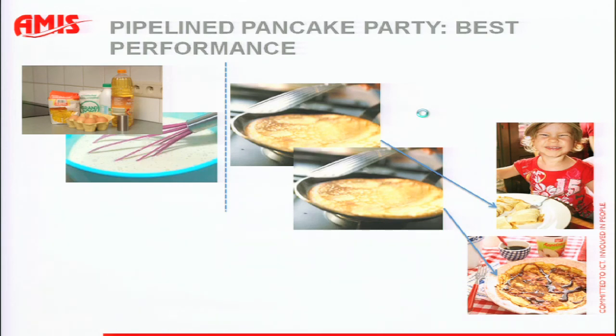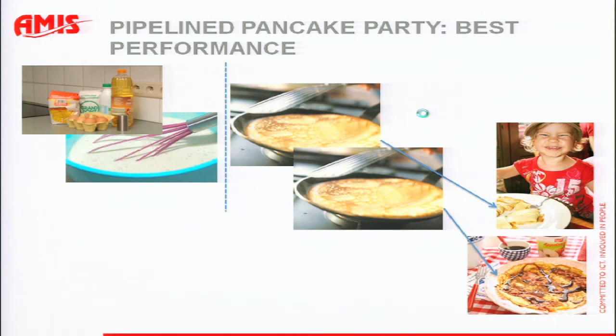So instead of baking the entire stack of pancakes and only then starting to eat, it's much better, or at least if you want to get the children out of your house as quickly as possible, it's much better to bake a pancake, give it to a child, bake the next one, give it to the next child, and do it like that. So instead of waiting for the entire activity to complete before starting the next activity, pipelining is a concept that would suggest that you hand part of the result of one activity to the next activity while continuing producing the other results.